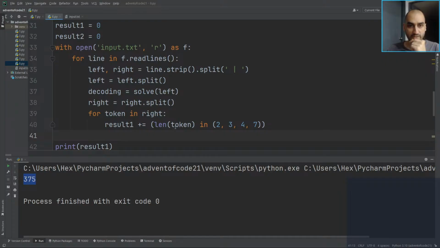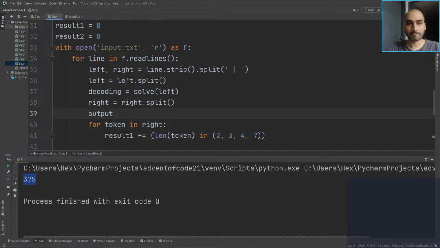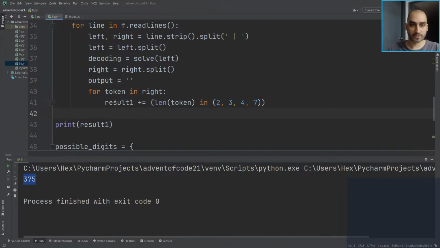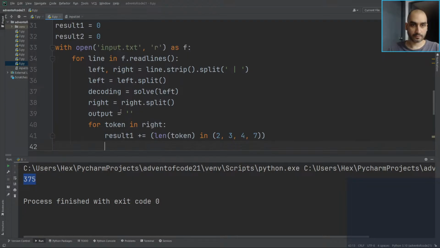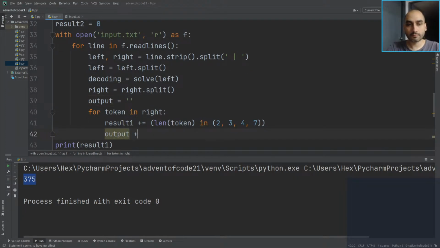So first we have to create a string to contain the output. So let's do part 1, and we output plus equal decoding.